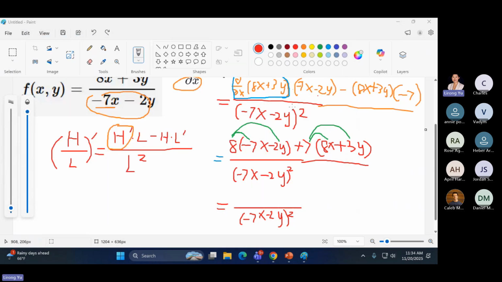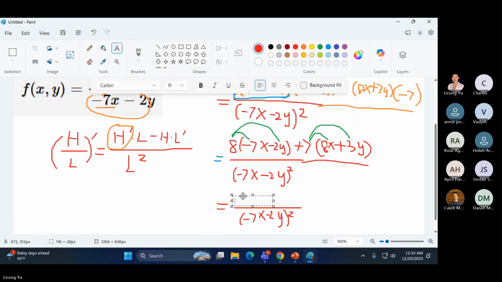So the numerator should be negative 56x minus 16y, and then positive 56x, positive 21y.